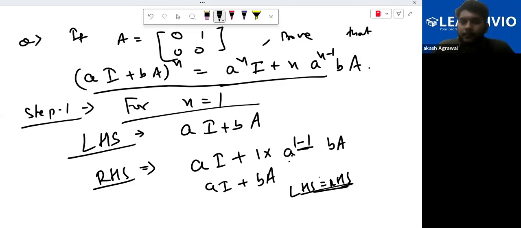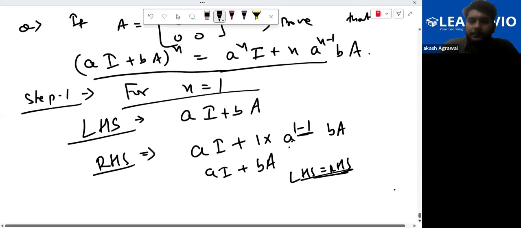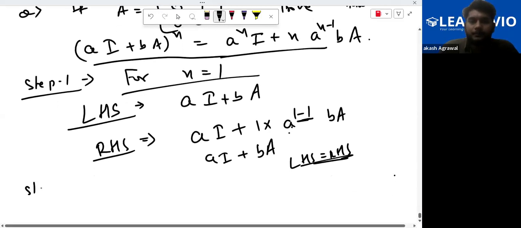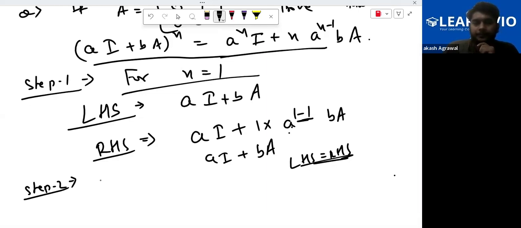Okay. What is second step? We have to assume that it is true for n is equal to k. So we'll write for n equal to k.